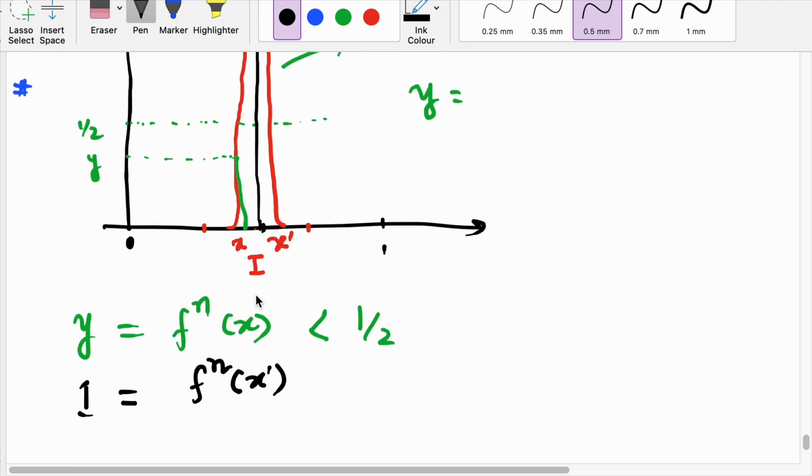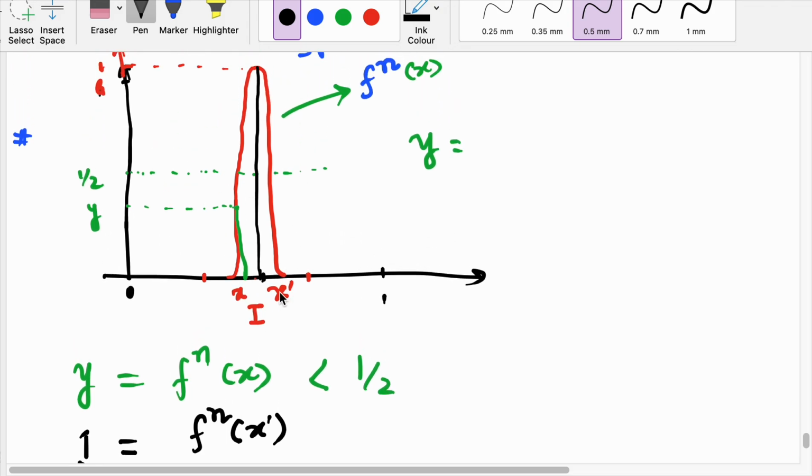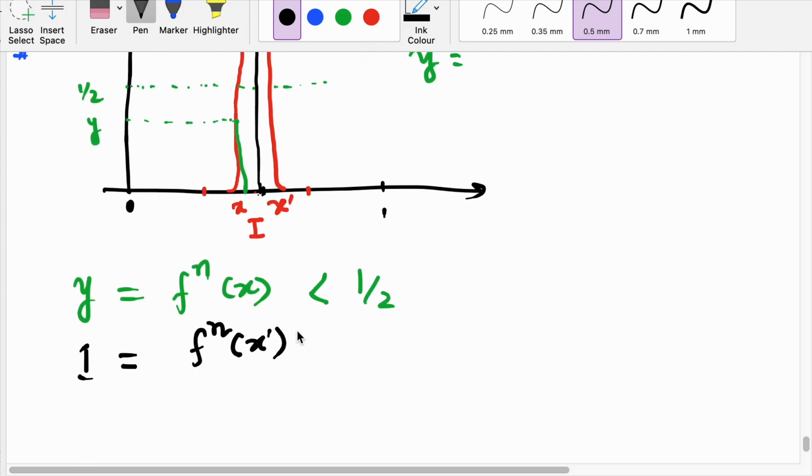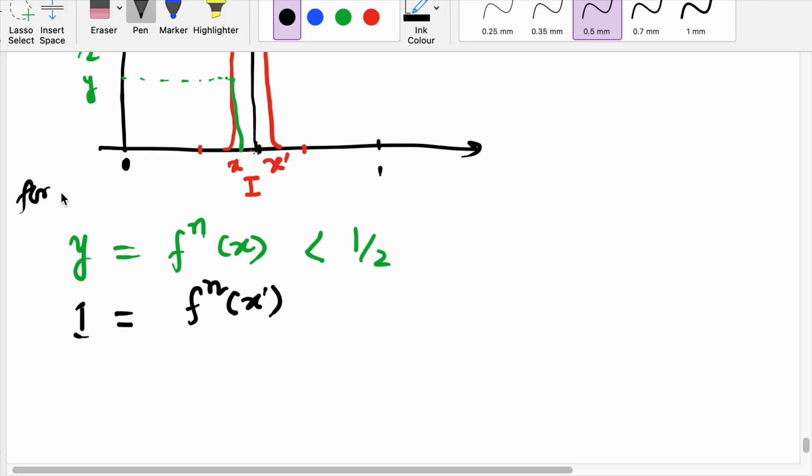From the spike lemma we know that one hump is there, and one hump means it goes from 0 to 1 continuously and comes back from 1 to 0. So there is a point x prime in this hump which under the map f^n goes to 1, and then we are done. So here f^n(x) is less than half.